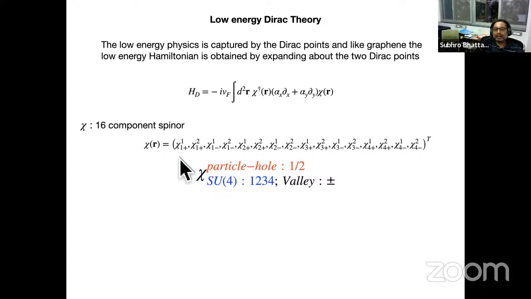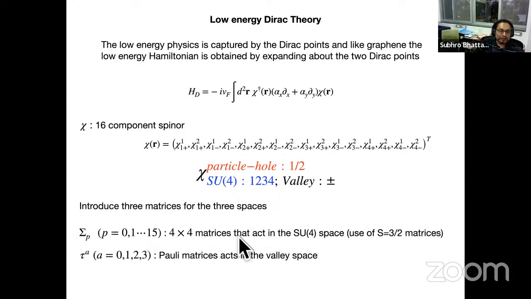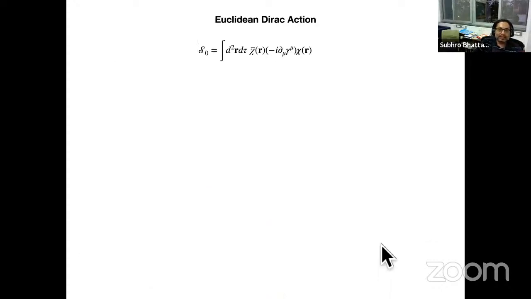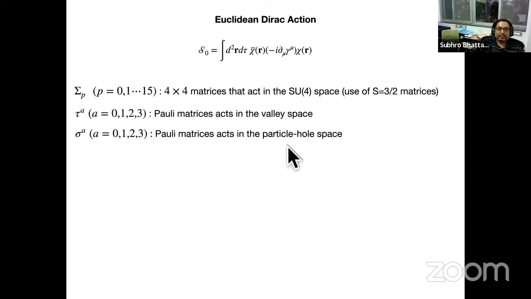So this is the enlarged spinor that we are faced with. Then we can introduce three kinds of matrices, the 4x4 matrices to keep track of the SU4, and two sets of Pauli matrices to keep track of the valley and the particle-hole space. And that's essentially the low energy theory.